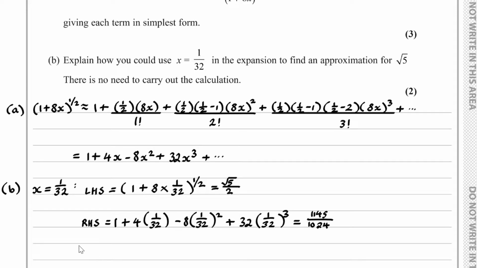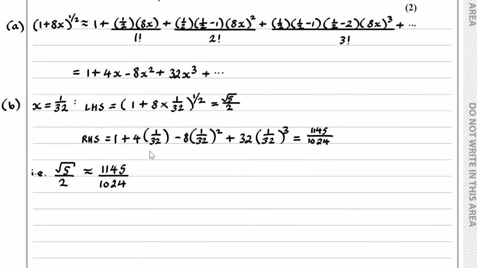And therefore, we can see here that root 5 over 2 is approximately 1145 over 1024. And therefore, to find out what root 5 is, we multiply this side by 2.